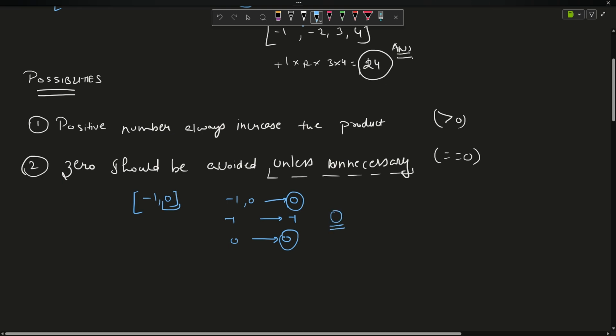So you can see that 0 is actually coming in handy. When is 0 coming in handy?